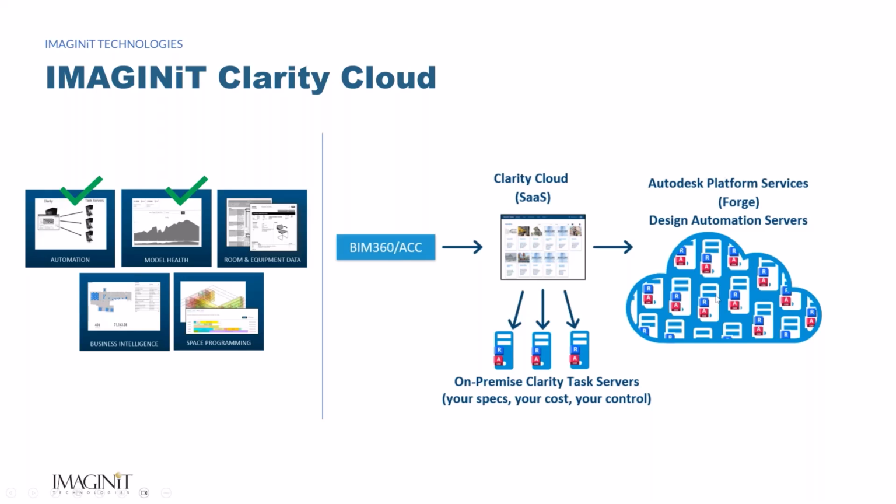It can either be sent off to Autodesk to be executed in their cloud, or if you want, you can install a traditional Clarity task server on-premise, connect it to your Clarity Cloud account, and send jobs from Clarity Cloud down to machines that you have on-premise. The benefit is that there's a fixed cost associated with these because you are providing the license. Work that's done in the Autodesk Cloud is going to burn task tokens and money.